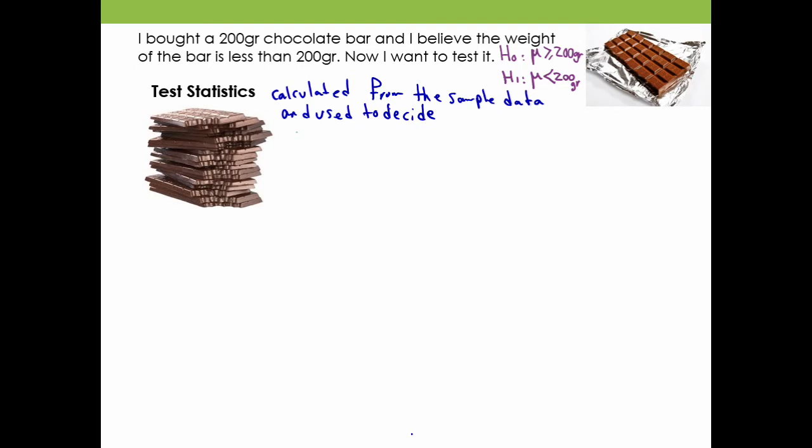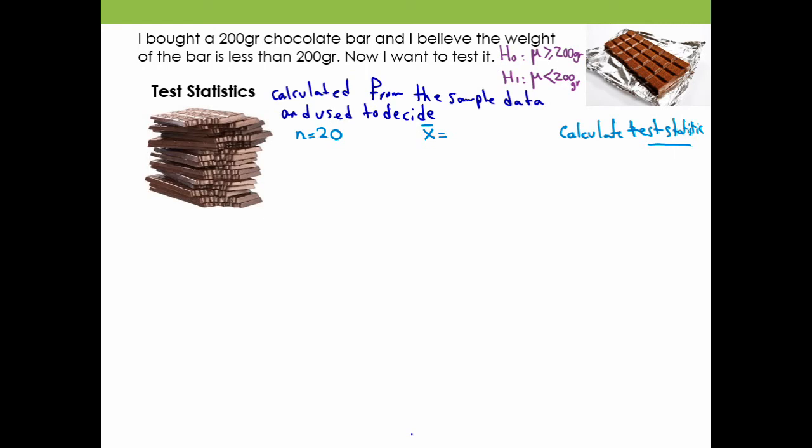So I pick a sample of size 20 and find the average weight of this sample. And based on this average weight, I can make a decision and calculate the test statistic. We will go through the test statistic later when we solve more examples in the next videos.